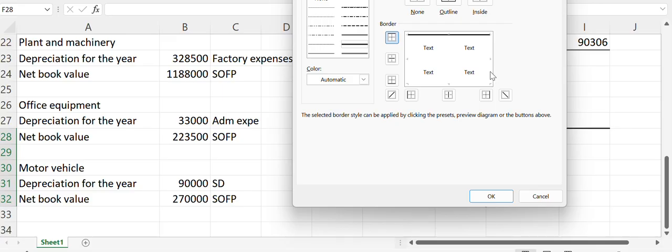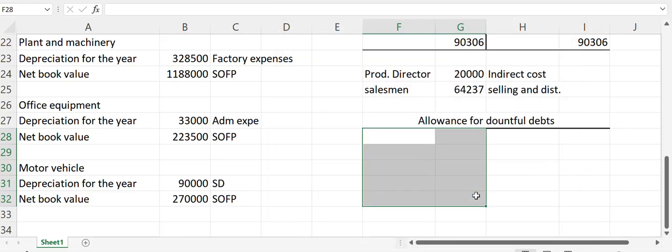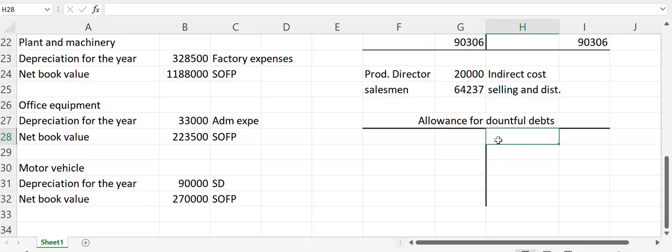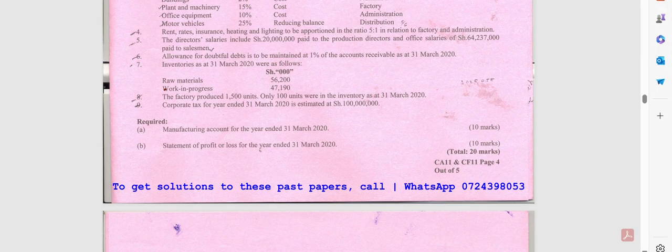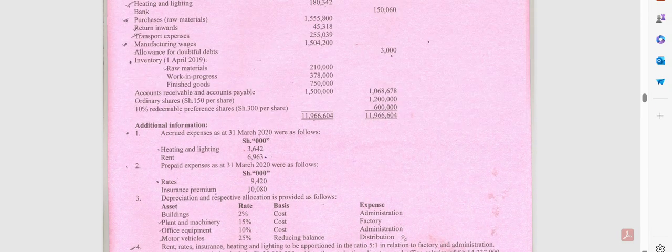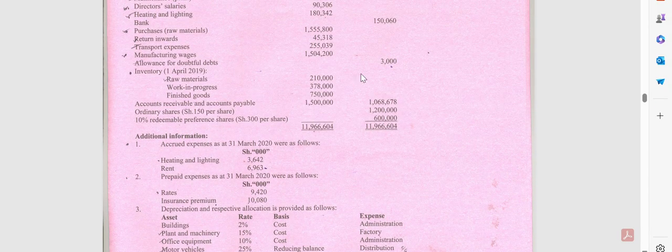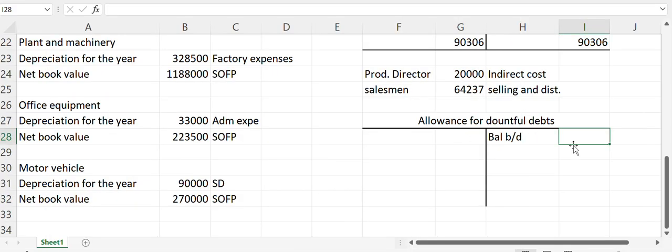You've noticed that the allowance for doubtful debt, just like accumulated depreciation, at the beginning of the year, the balance brought down is always on the credit side. If you check the trial balance, the trial balance should guide you. Allowance for doubtful debt is on the credit side, 3,000. So that one should be there, 3,000.